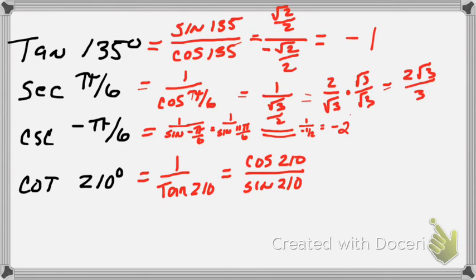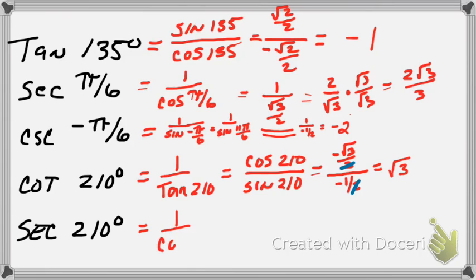Instead of saying 1 over the sine over the cosine and creating this massive compound fraction, the flip of sine over cosine is just cosine over sine. So the cosine of 210 is negative root 3 over 2. The sine of 210 is negative 1/2. The 2's cancel and the negatives cancel. My answer should be root 3.